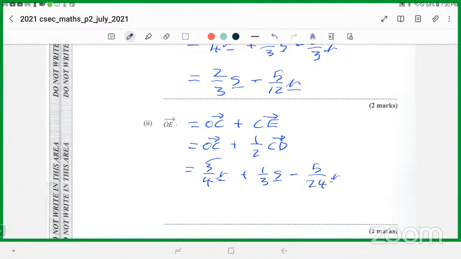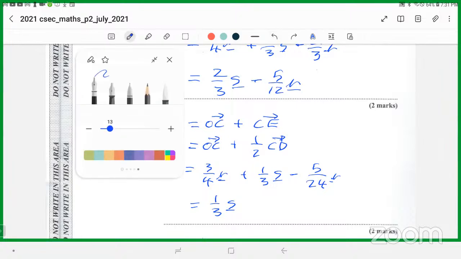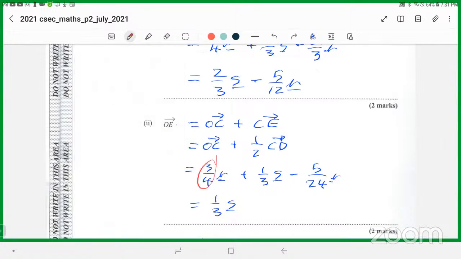So these are the like terms. I need to add the two of them now. So I want to put back this first as 1/3 S first. And then to work out 3/4 minus that. So this 3/4 is the same as 18/24. How do I get 18/24? Let's multiply this 3/4 by 6/6. Why do I? Because I want the two denominators to be the same. So this becomes 18 over 24.